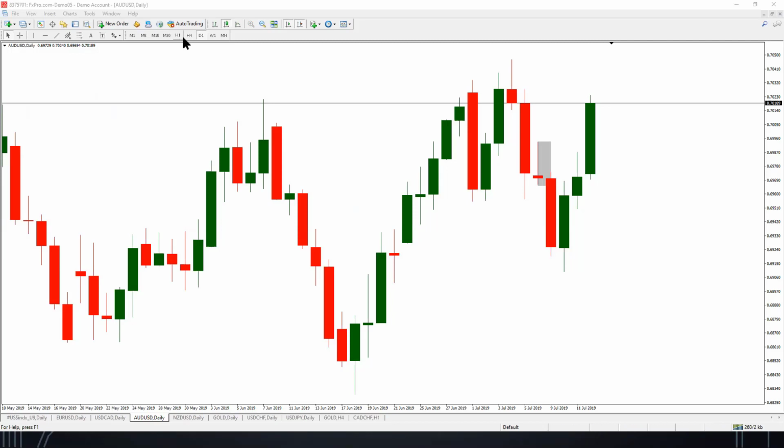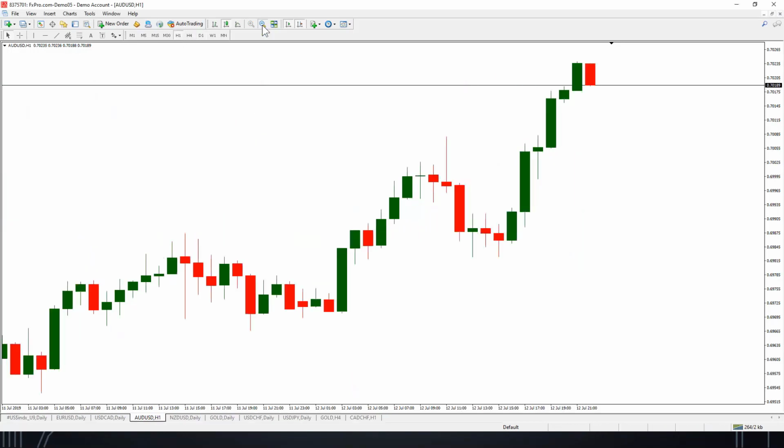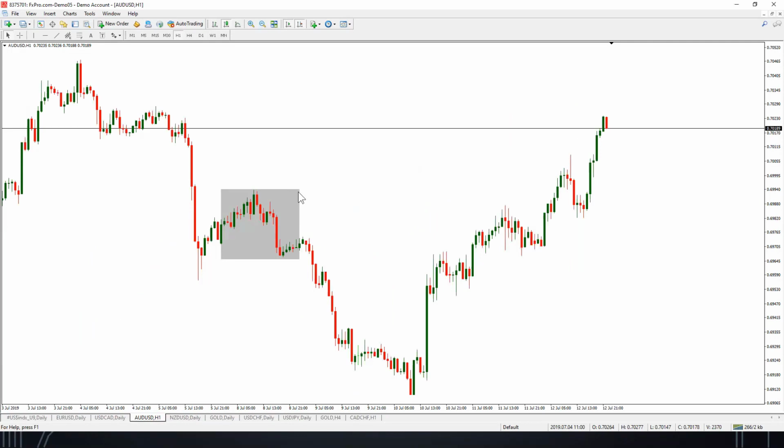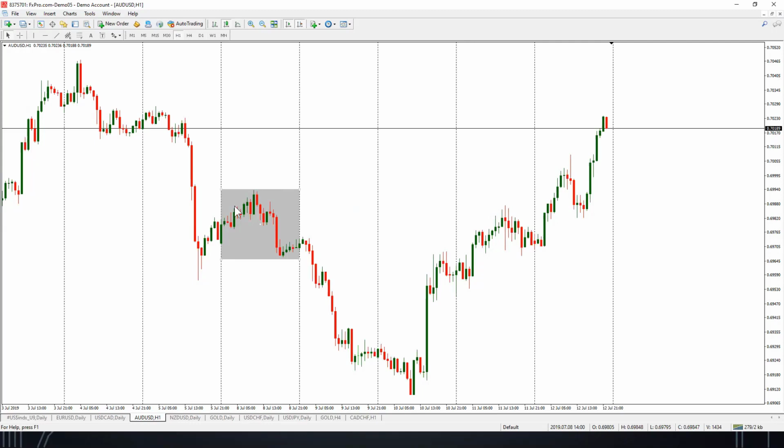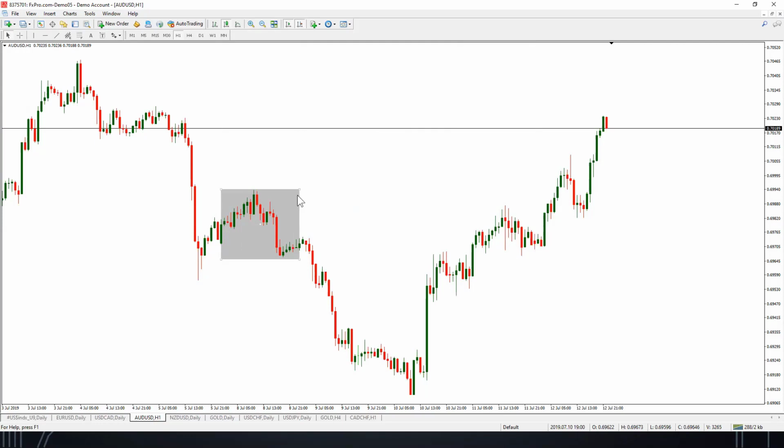So now I'm going to dive down to H1. Let me zoom out. Right. H1, that's our Monday trading. Let me put my daily indicator. There we go. Look what happened on a Monday. Remember, the gray area is our Monday's trading.